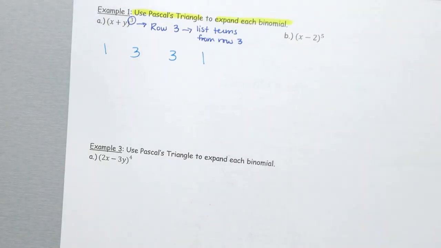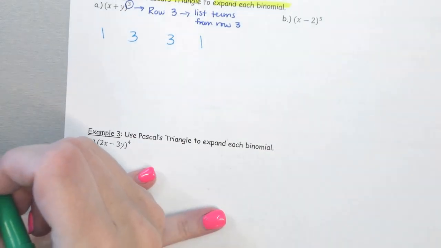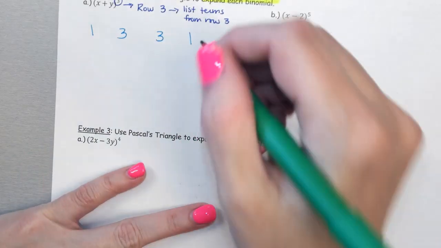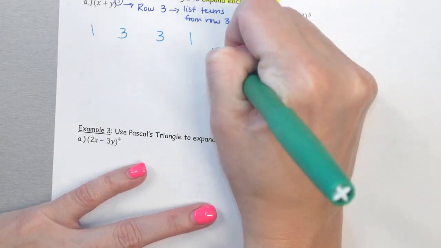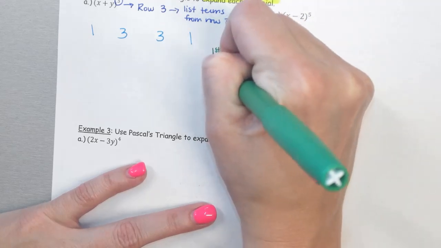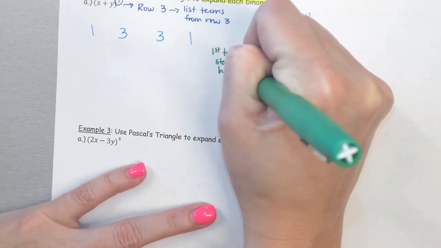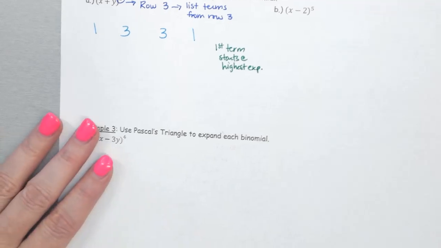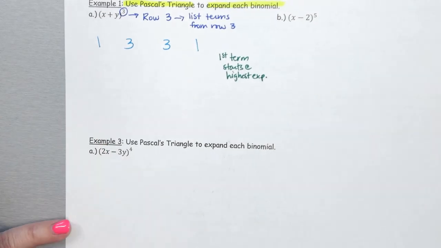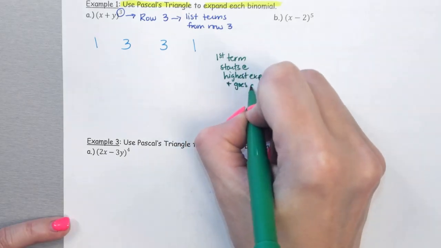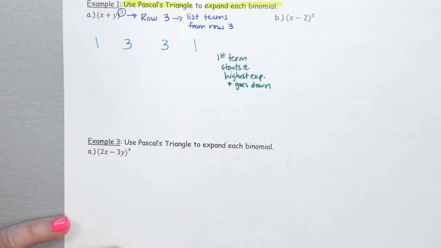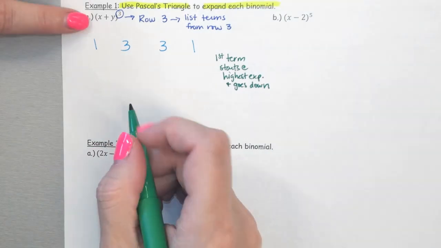Okay, the first term, you start at the highest exponent, and then it goes down. So our first term is x.